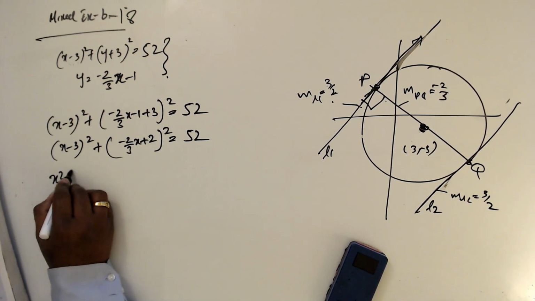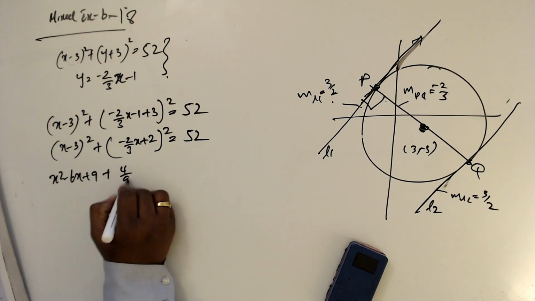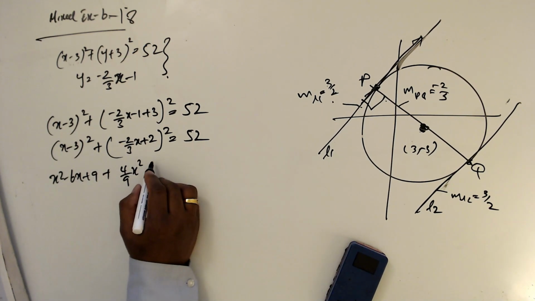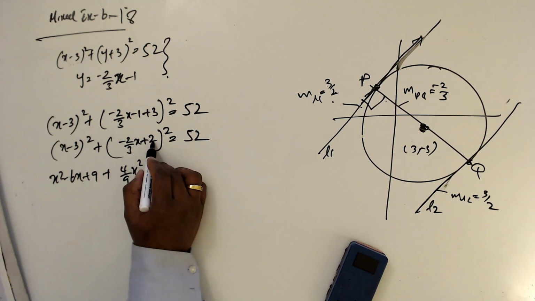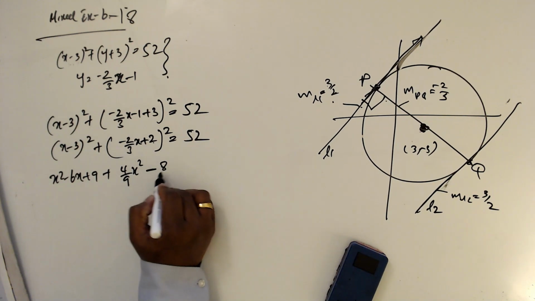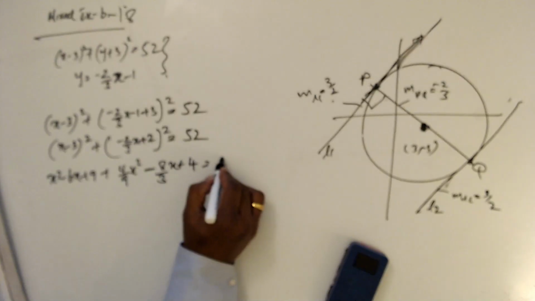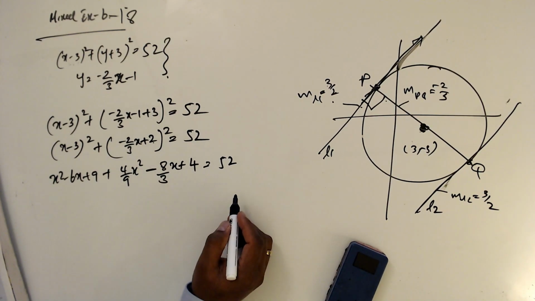So x squared minus 6x plus 9, plus 4 over 9 x squared, minus 2 times 2 times 2 over 3 x, which is 8 over 3 x, plus 4 equals 52.